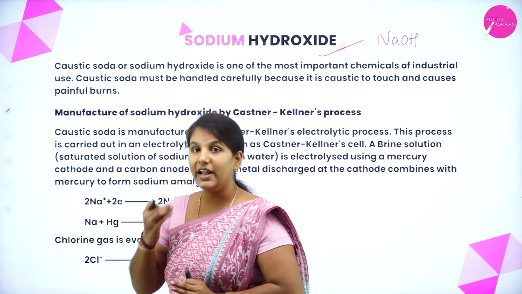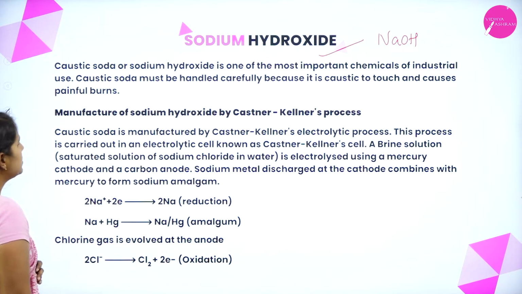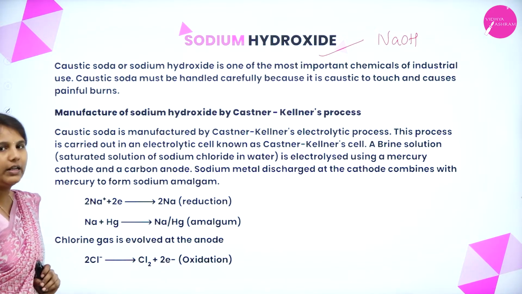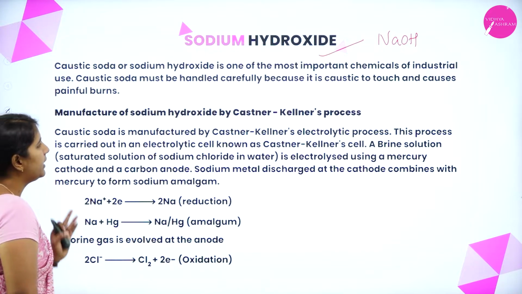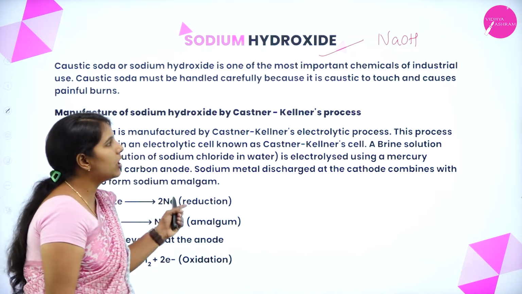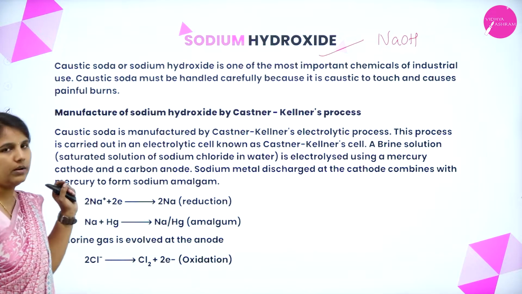That is why it is named caustic soda. Caustic soda, or sodium hydroxide, is one of the most important chemicals in industrial use, and it must be handled carefully because it is caustic to touch and causes a painful burn.